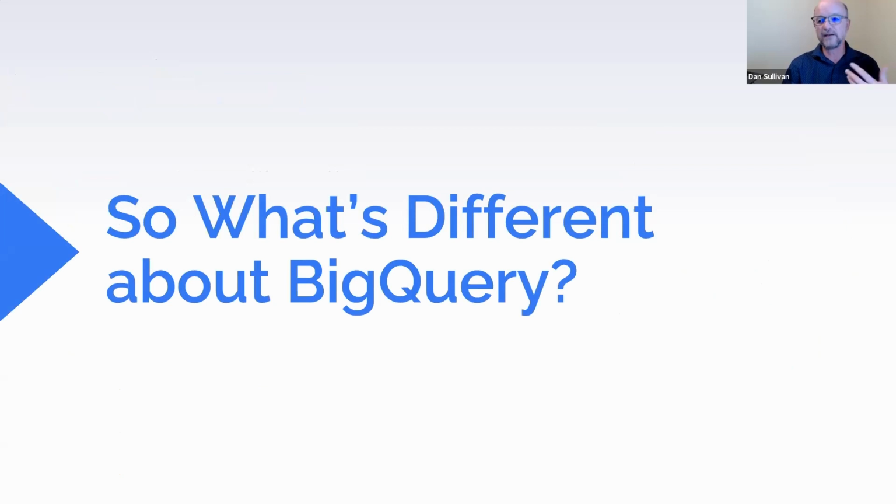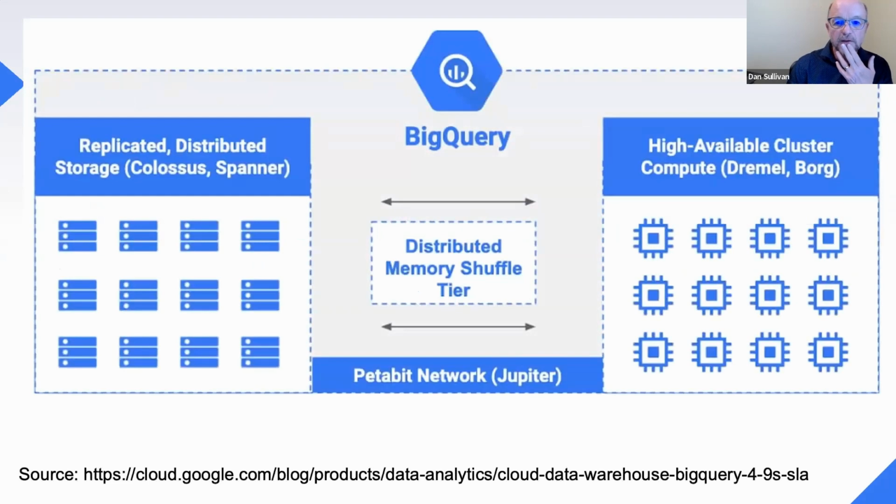I mentioned a little bit about some of the differences with BigQuery, but the differences are a lot more fundamental and deeper than just the few things that I mentioned. So the first thing that's really different about BigQuery relative to relational databases as they've existed for the past several decades is that BigQuery has separated out the compute portion and the storage portion.